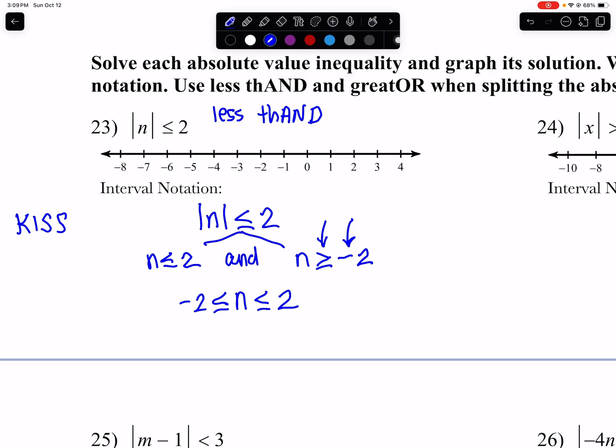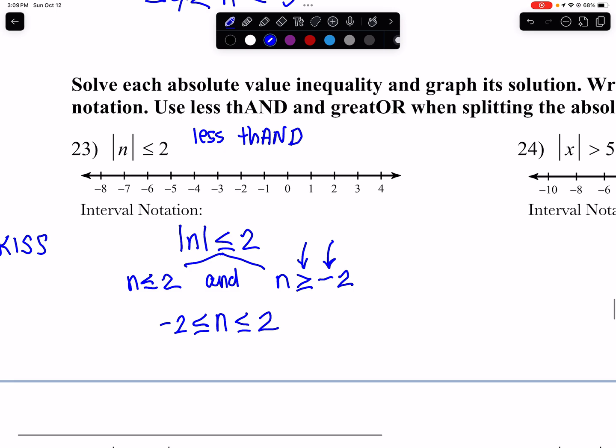Kind of for the same reasons I showed you earlier in the video when you have "and." Okay. So it looks like this will be our answer, which is just including the numbers between -2 and 2.